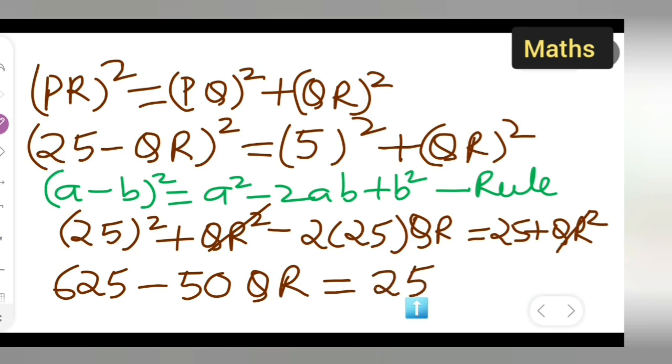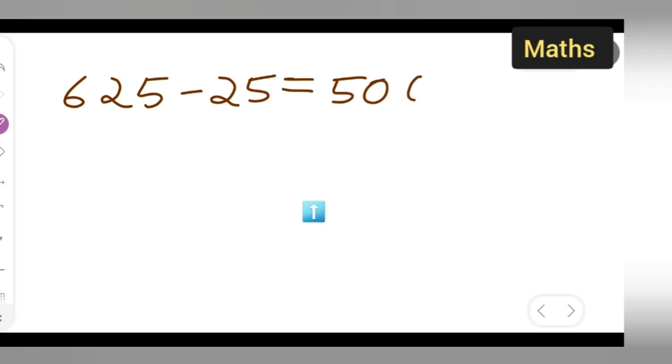Now 625 minus 25, bring this here. So 625 minus 25 is equal to 50 QR.